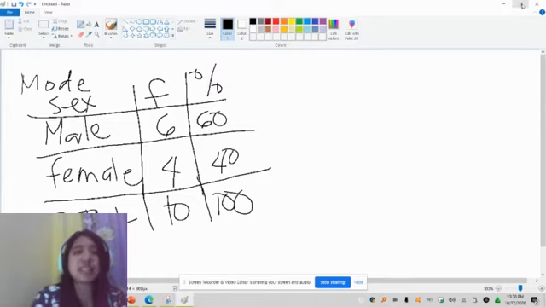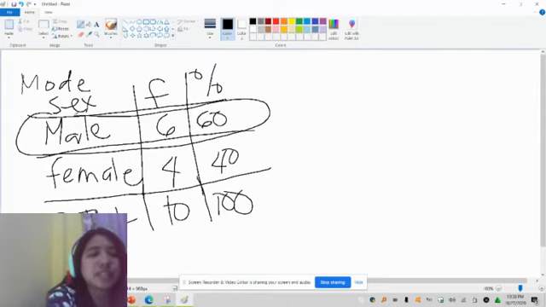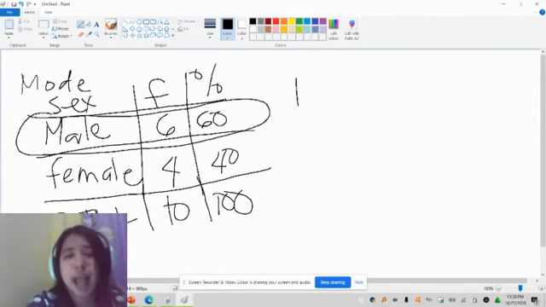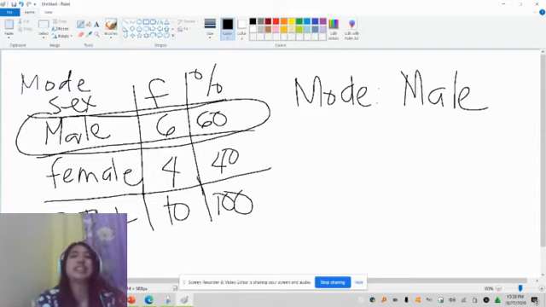In this example we only have two categories. Is it the male or the female? We have a higher frequency for male. So it means that the mode is male. It is not, of course, the frequency. It is the male. Our data here is the sex of the students.